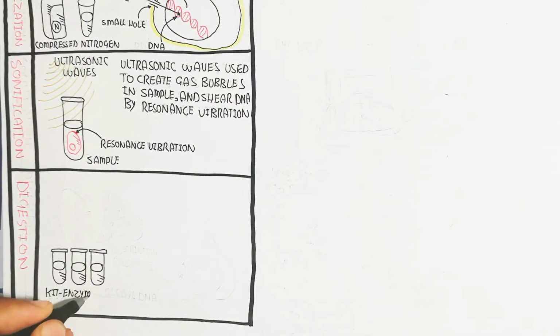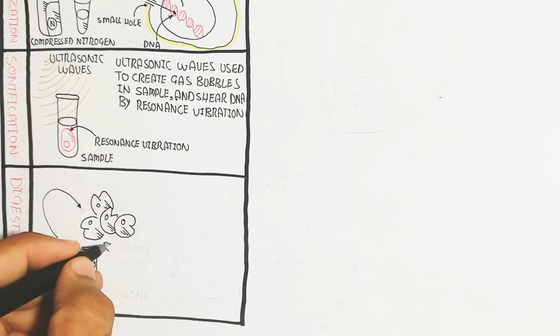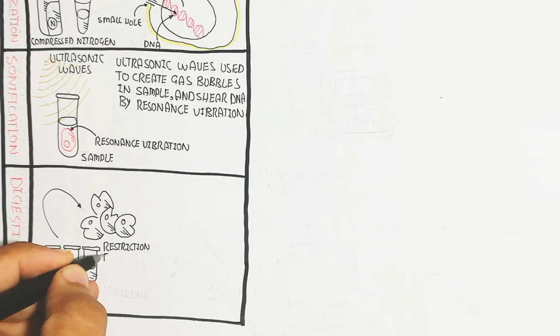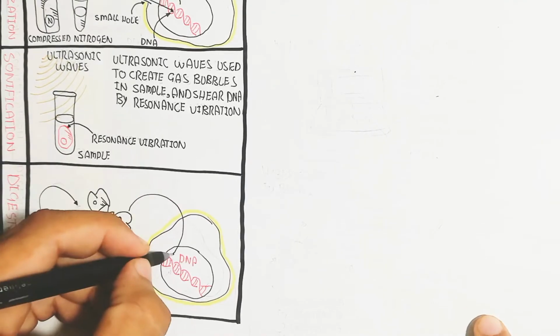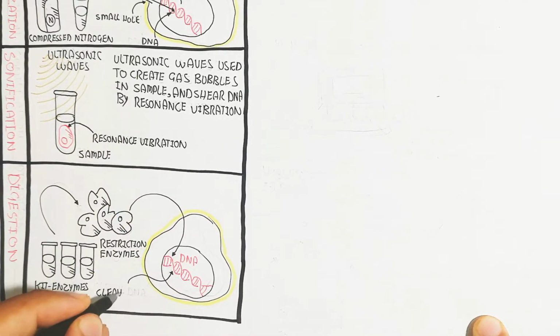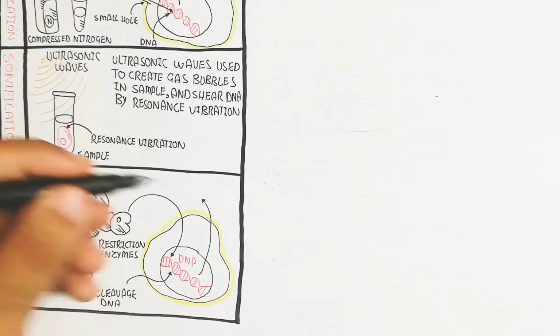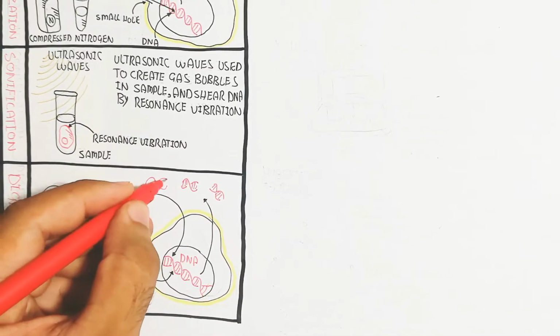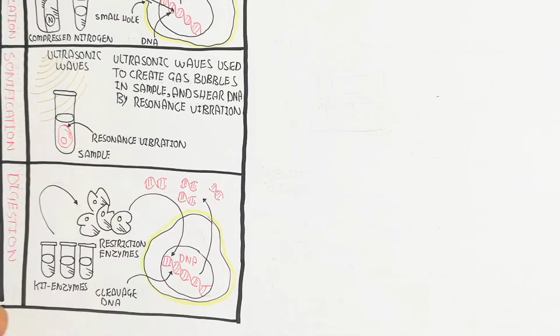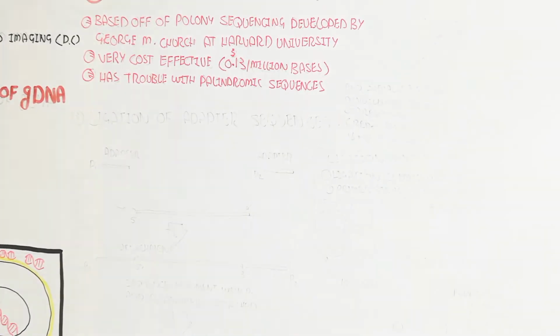The third method is digestion. Digestion uses a kit containing restriction enzymes, which are put onto the sample containing cells and target the DNA for cleavage to produce the fragments.